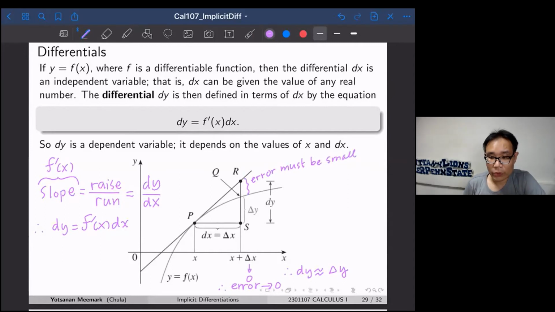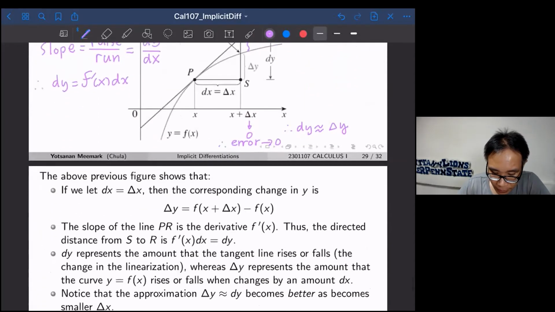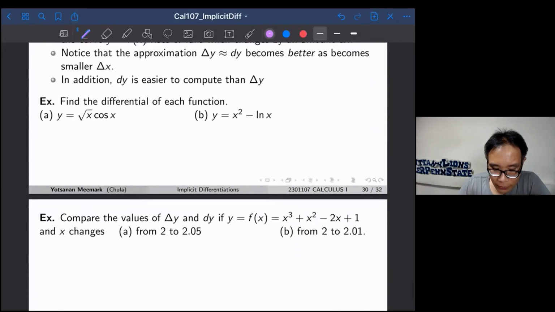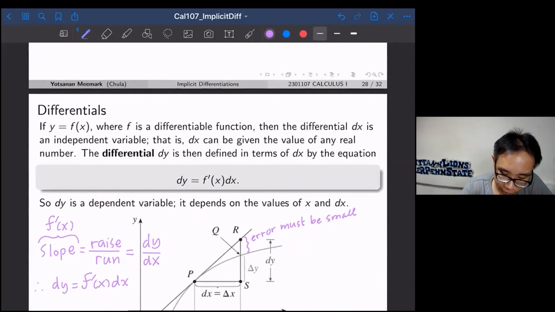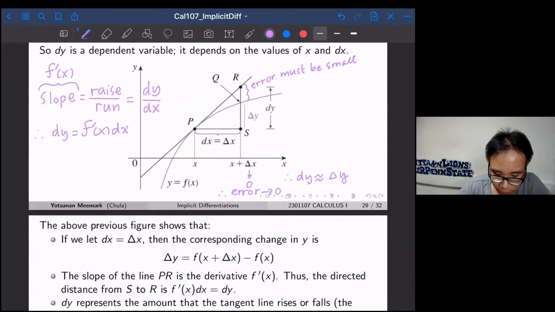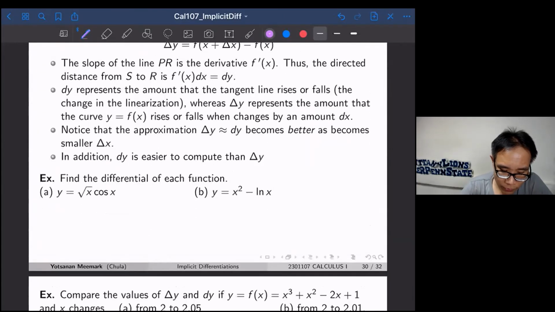Okay, so this is what we have here. We'd like to first try to find the differential. Let's talk about what the differential is. In calculus notation, the differential is going to be dy. So this is the differential, and you're going to have dy equal to f'(x) dx.